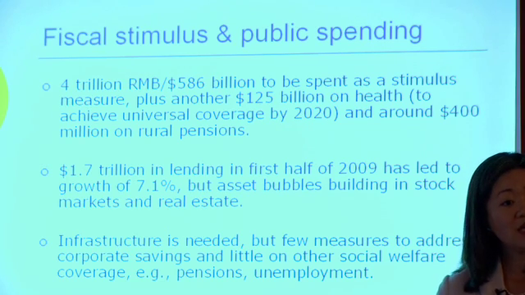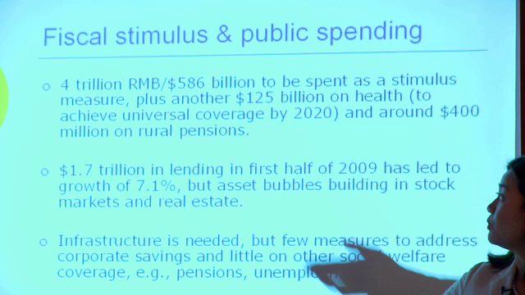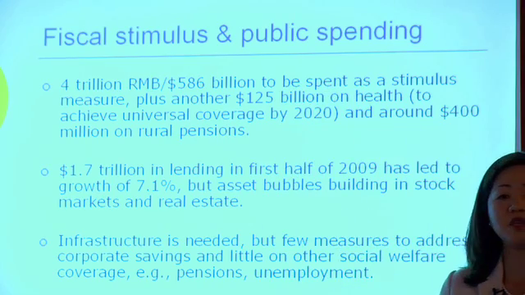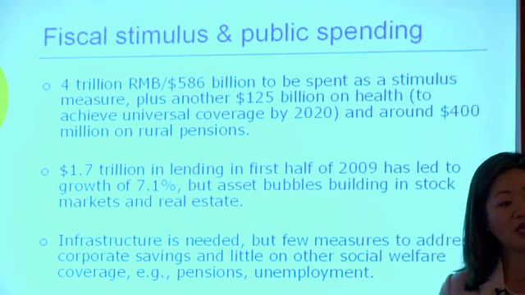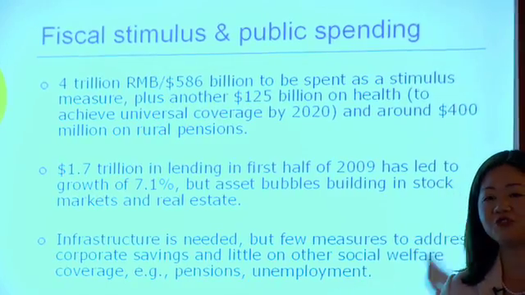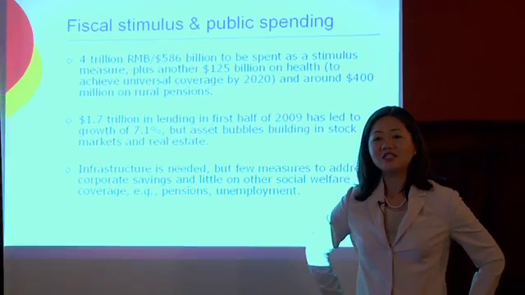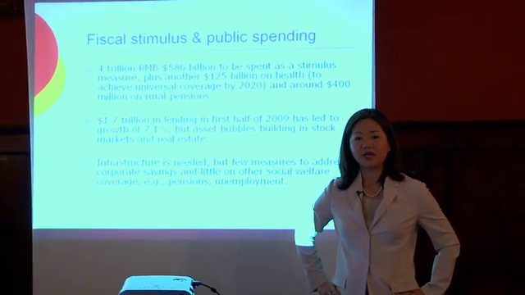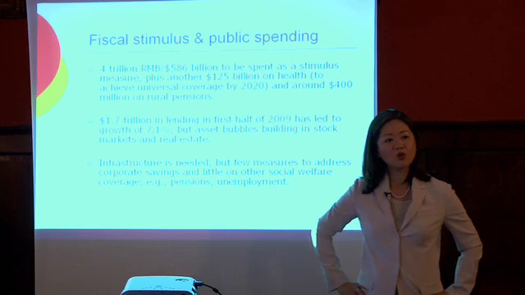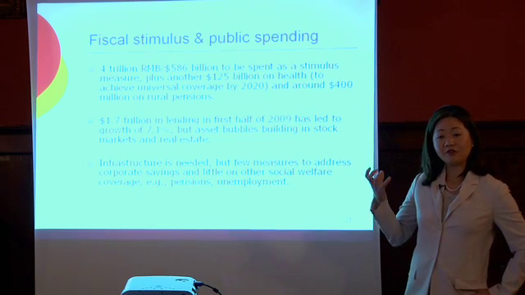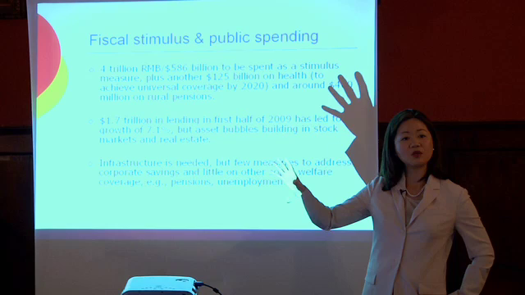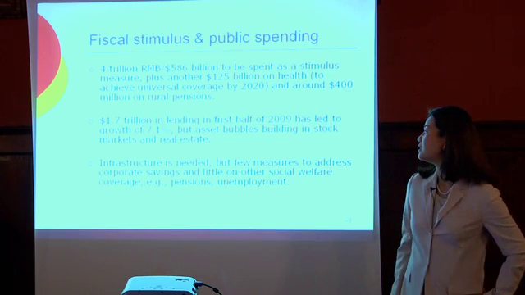And what's happened is that the Chinese stimulus package was 4 trillion renminbi, which is a large figure. But the credit unleashed to finance it in the first half of this year was 7 trillion renminbi. And there is now quite a lot of obviously concern that this credit, this money which is being unleashed, is just feeding asset bubbles in the stock market and in real estate.